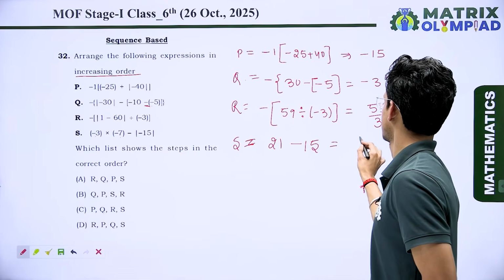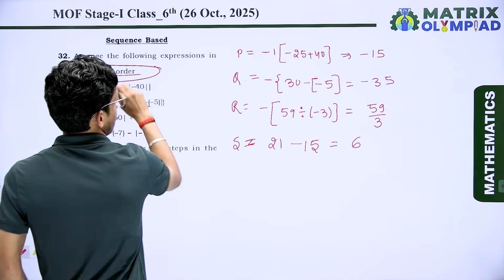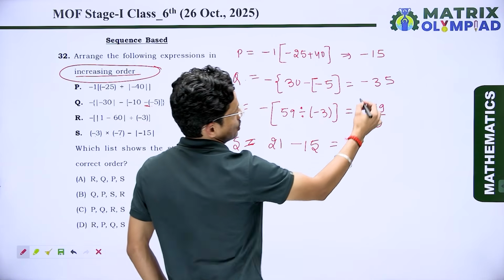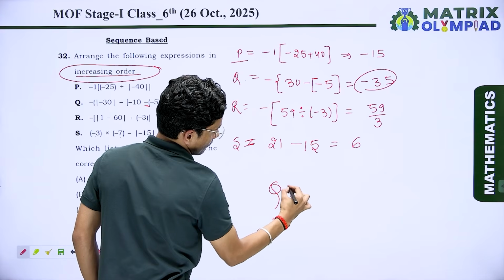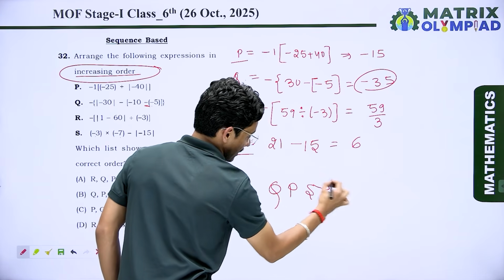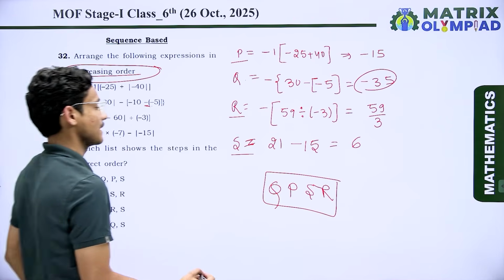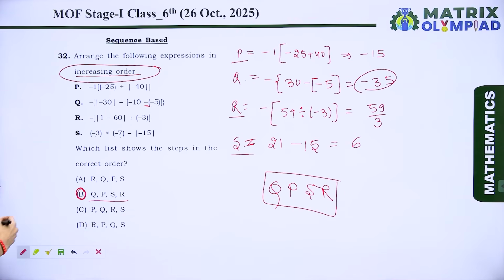So here we get 6. We have to arrange in increasing order, which means smaller to larger. So first we take Q, after this P, after this S, and last R. So the correct increasing order is Q, P, S, R. It means option number B is the correct answer over here.